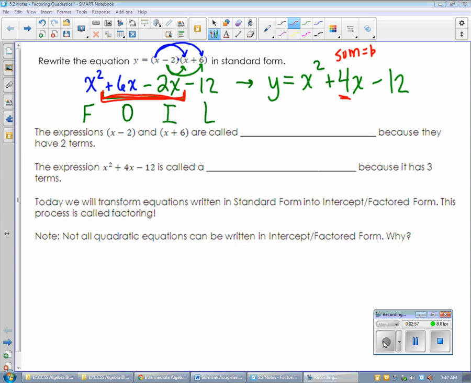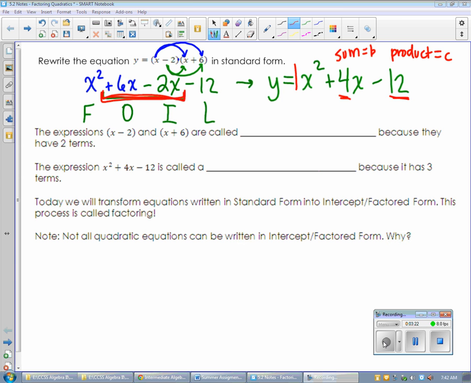And think about what happens if I multiply them. A positive 6 times a negative 2 is going to give me a negative 12. And notice I'm just looking at the coefficients there. And so the product of those coefficients gives me my C term. And we're going to see that some of these expressions are going to be a little bit different. For example, in this case, my A value is just 1.